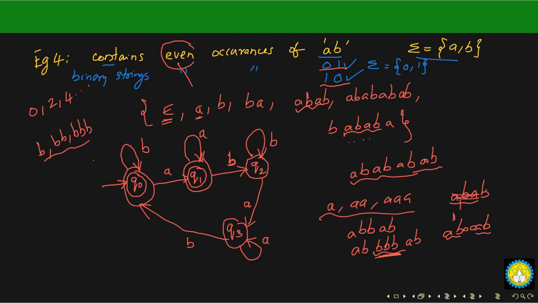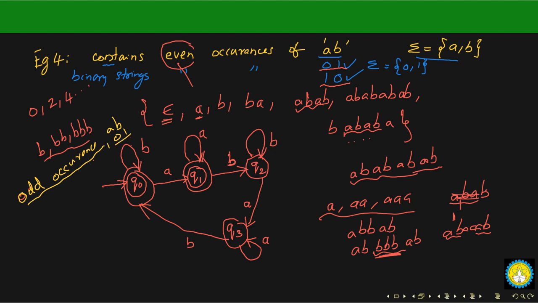So what if the question is asked about odd occurrences? The question can be slightly modified, so that you have to accept the strings containing odd occurrences of AB, or 0, 1, or whatever. This is actually very easy compared to this problem.